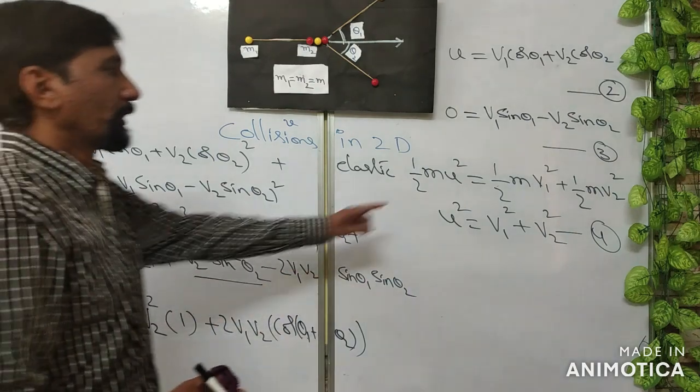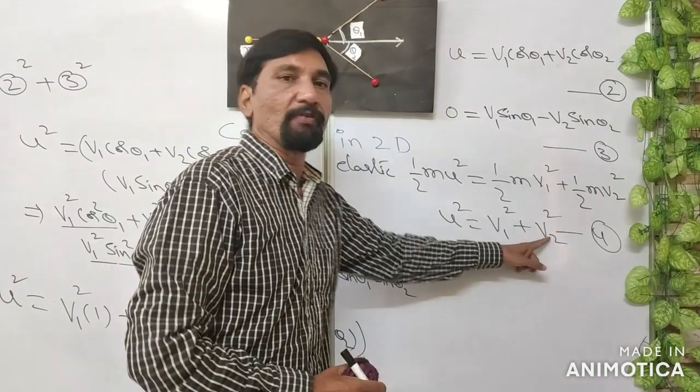But according to the fourth equation, u square equals v1 square plus v2 square.